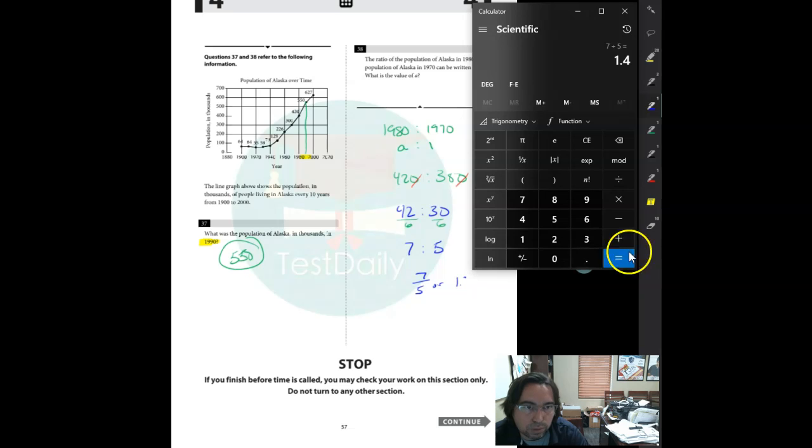I think it's wanting something a little bit different. Let me try something. 420 divided by 300 gives me 1.4.